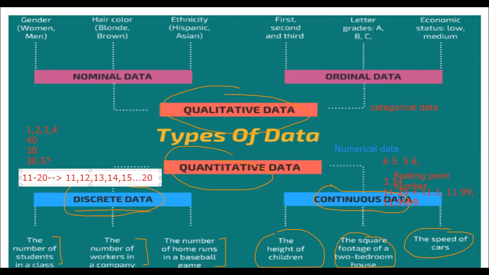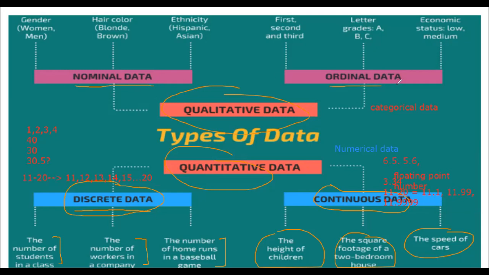Right, guys? Okay, now let's move to qualitative data. Qualitative data is further divided into two parts: nominal data and ordinal data. Nominal data is very basic, when we are talking about names, when we can categorize the data based on their names.